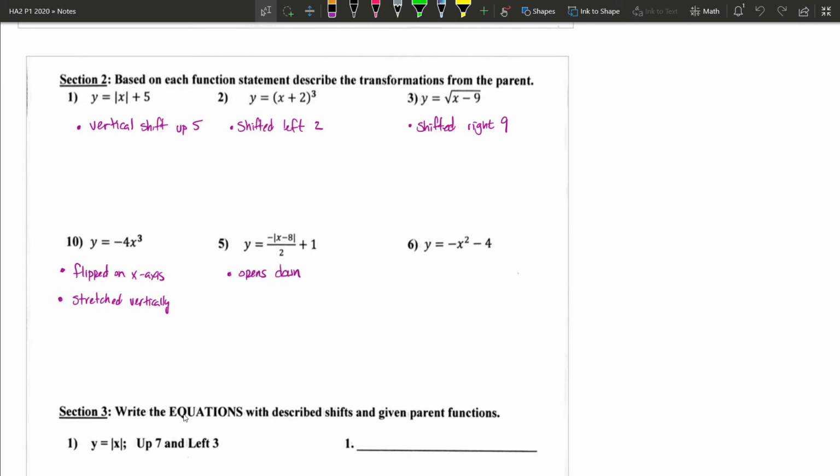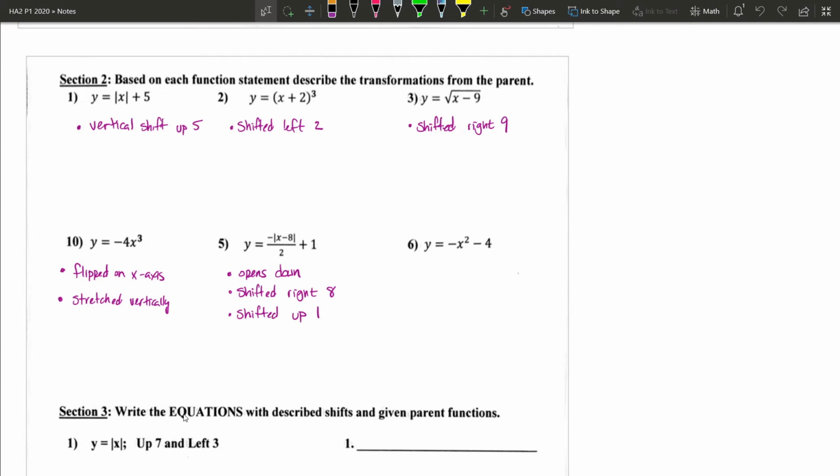The second thing is it is shifted right 8. It is shifted up 1.